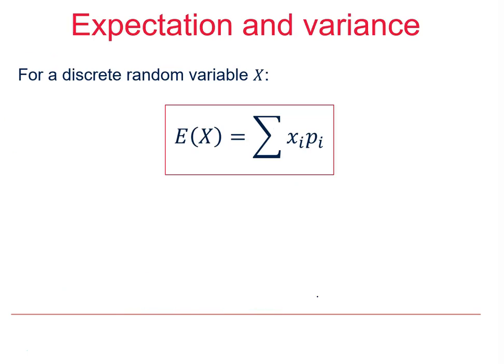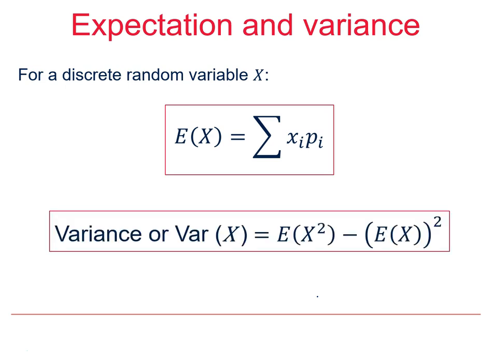So to summarize, the expected value or the population mean for a discrete random variable x where we have a probability distribution is sigma x_i p_i, and the variance of the population for the random variable x is obtained by finding the expected value of x squared minus the mean, or the expected value of x, squared.